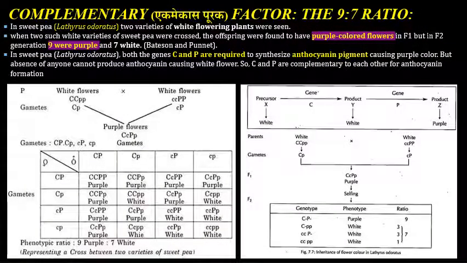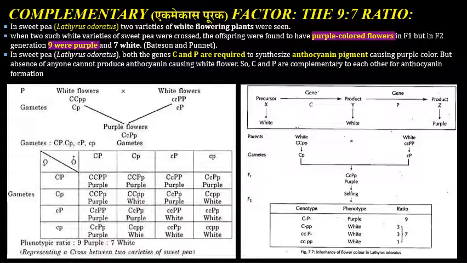The second type is complementary factor. Complementary means each other's completing. In this complementary factor, the ratio that occurs is 9:7. Let us see it with the example of sweet pea, Lathyrus odoratus, in which two varieties of white flowering plants were seen.